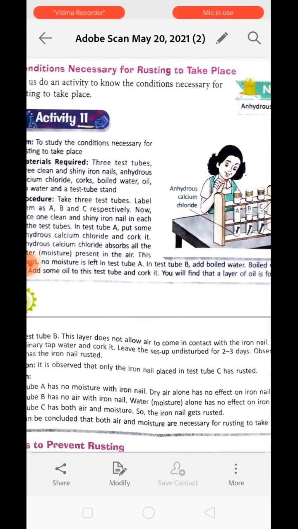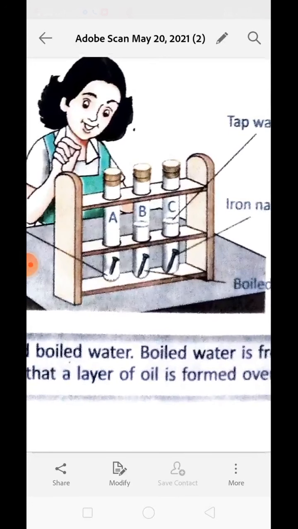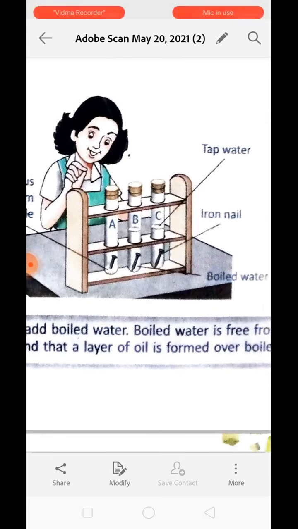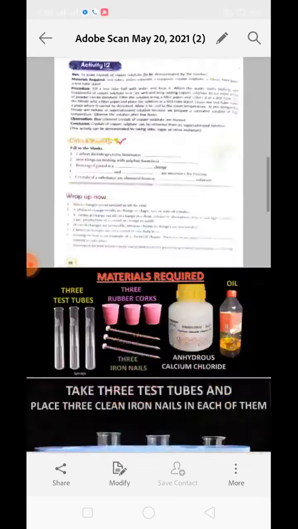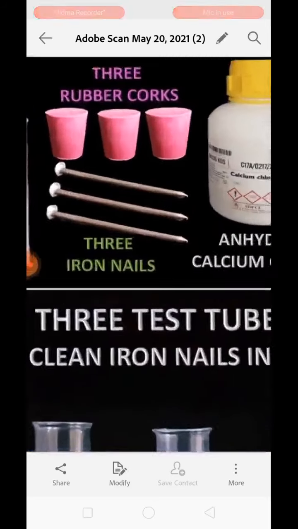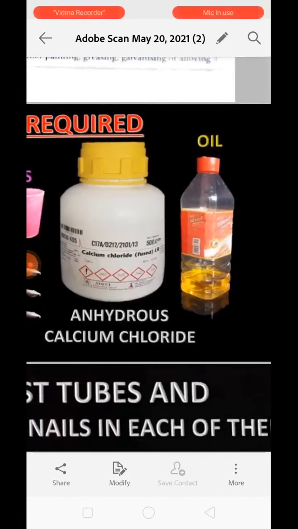Now we will take these 3 test tubes and label them as A, B and C respectively. Now place a shiny iron nail in each of them. These are the substances that we need: test tube, iron nail, cork, anhydrous calcium chloride and oil.